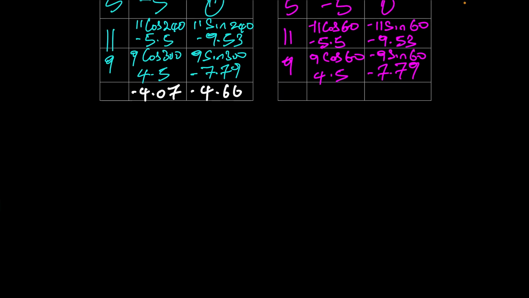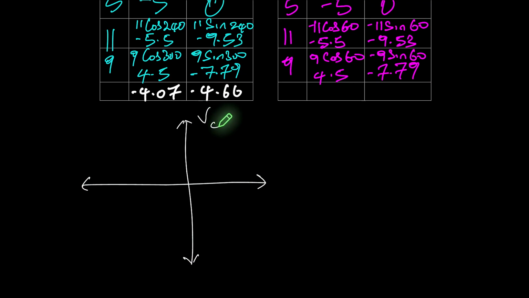When finding the magnitude and direction of the resultant force, the advisable thing to do is just to sketch this on a coordinate grid, just like so. It doesn't have to be perfect. In this case, I'm just literally demonstrating. So the vertical component goes there, the horizontal component goes there.